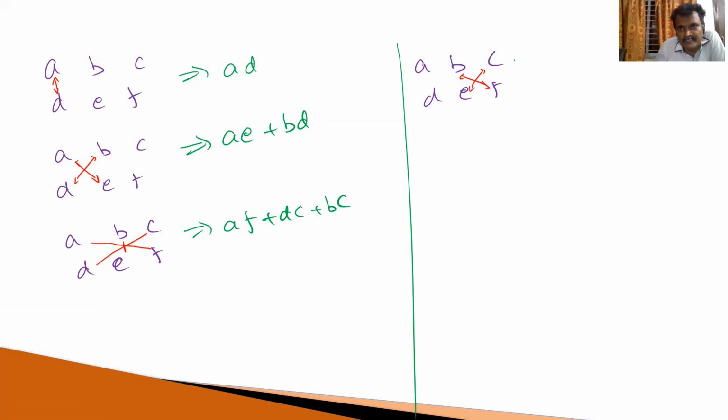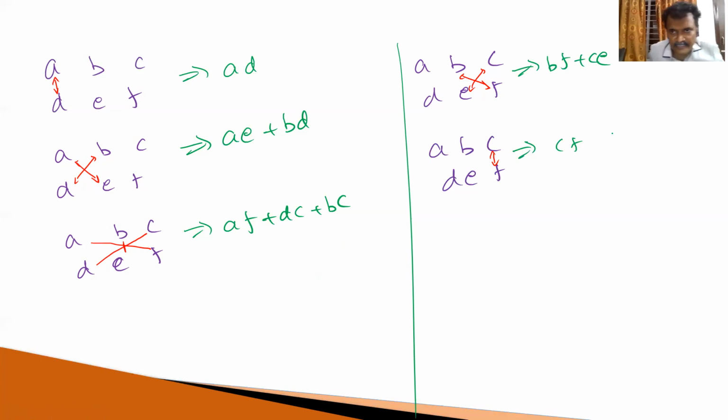So this is equal to BF plus C. And next, A, B, C, D, E, F. Now, what should you do? Just skip the first 2 columns and multiply the last one, that is equal to CF.